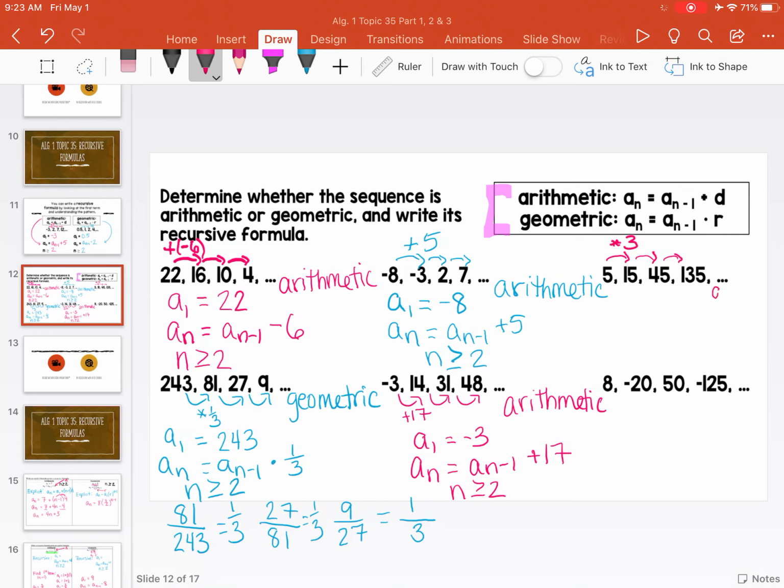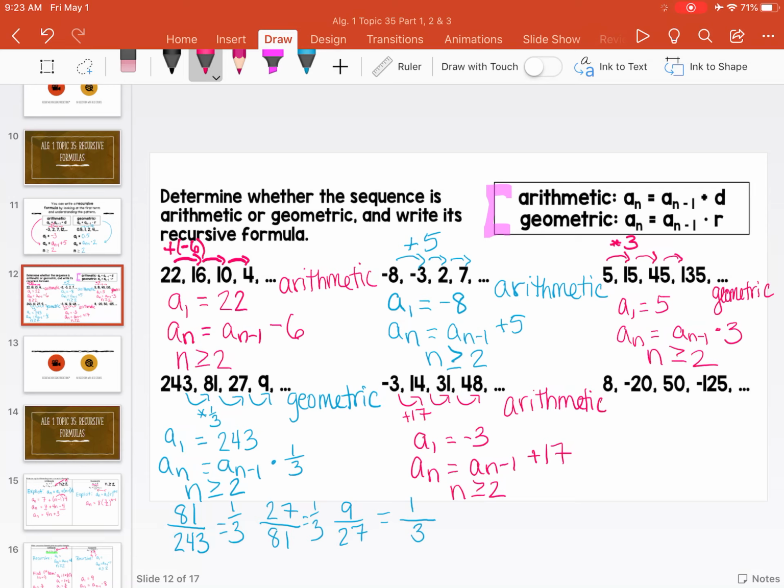So this is a geometric sequence. The first term is 5. In order to get the term that I want, I need to take the previous term and multiply it by 3. And this works for finding the second term and up.